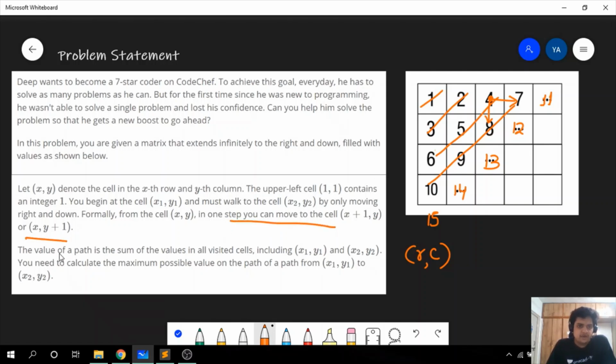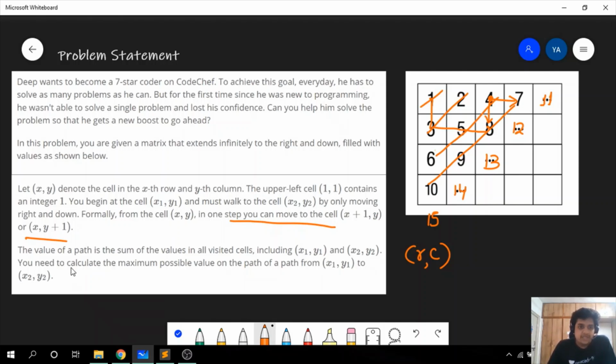Now the value of a path is the sum of the values in all visited cells including x1 y1 and x2 y2. Let us say a path is from 1 to 8. Here this is one path, right? So the value of a path is 1 plus 3 plus 5 plus 8, so the value of this path is 4, 9 and 17.